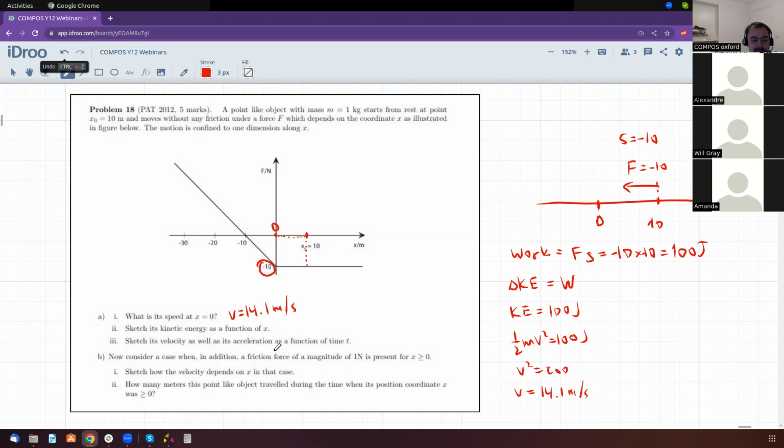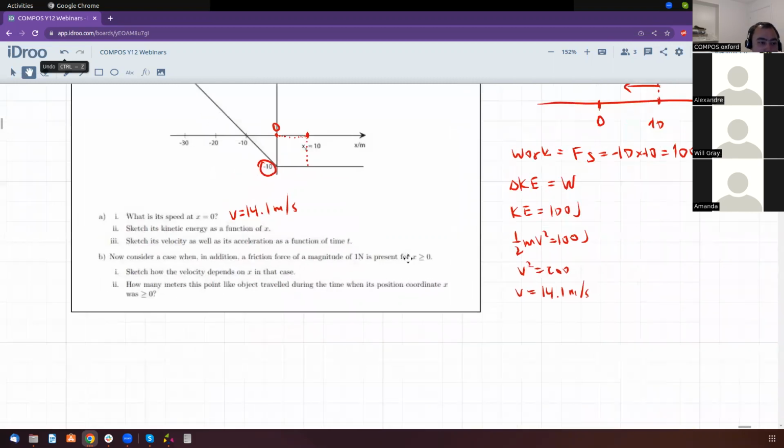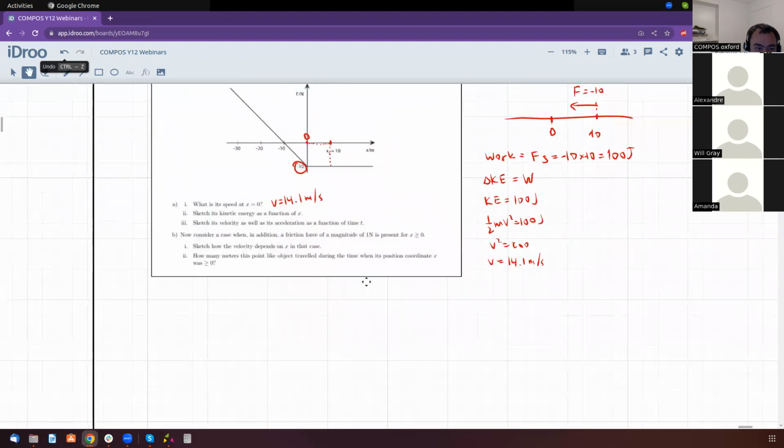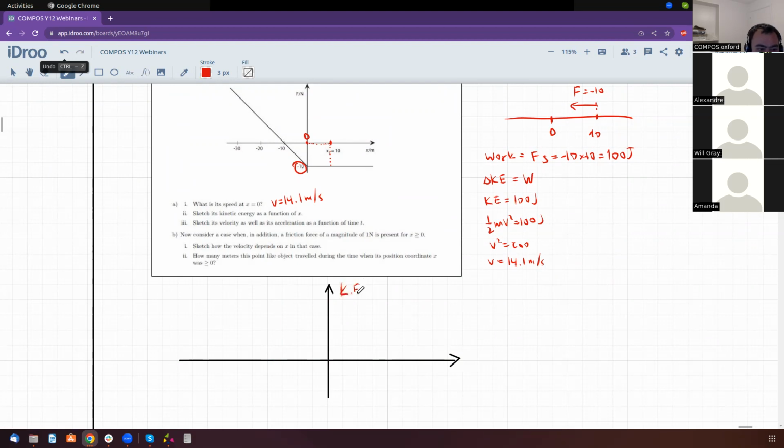Sketch its kinetic energy as a function of x. Well, the kinetic energy increases by the same amount with each step. So the kinetic energy and x.